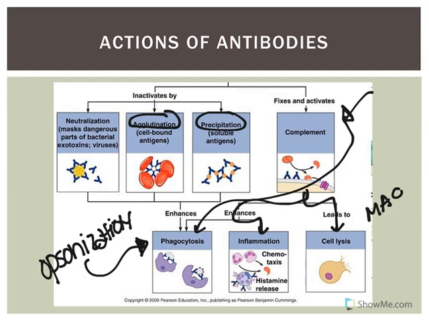The antibodies also promote inflammation by promoting chemotaxis. So the chemotaxis attracts macrophages and neutrophils, these phagocytic cells, into the area. So you have kind of an overlap of the specific immunity with the non-specific immunity. Antibodies are going to be promoting things that are part of the innate immunity.